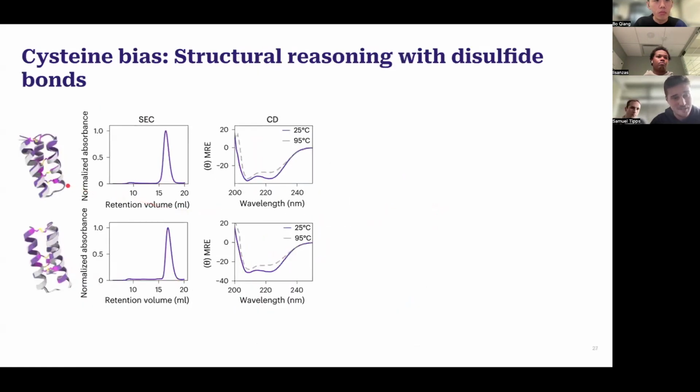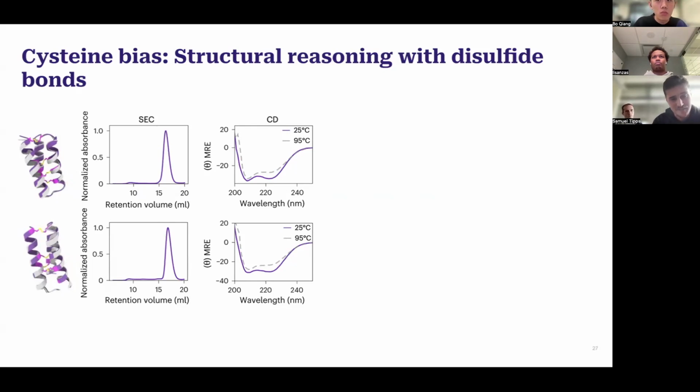So we designed proteins with an increased cysteine bias, and the interesting design challenge for packing a bunch of cysteines into a protein is that ProteinGenerator now has to reason over structure space in addition to sequence space.